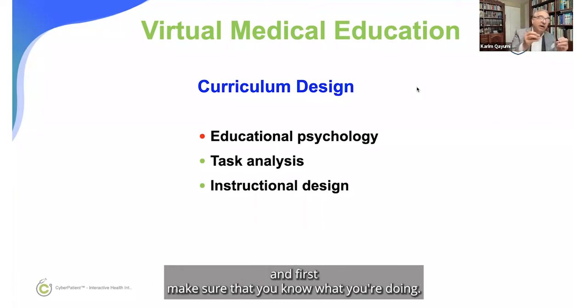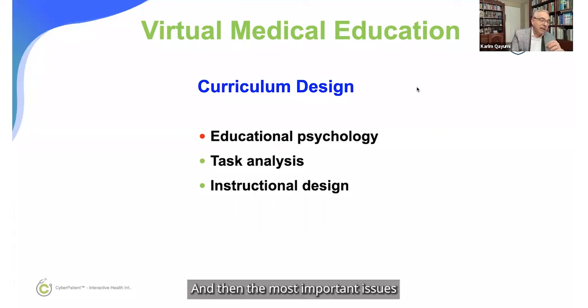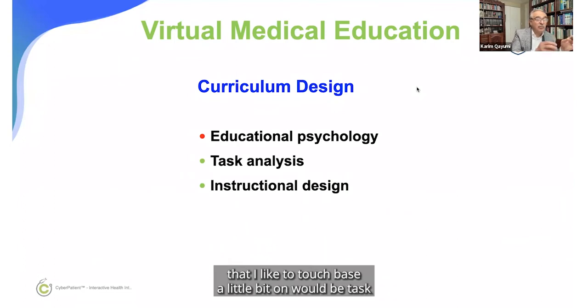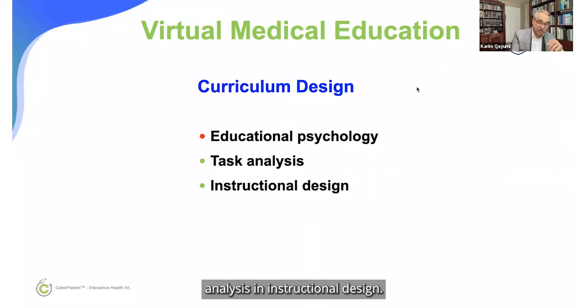You have to identify and first make sure that you know what you're doing. And then the most important issue that I like to touch base a little bit on would be task analysis in instructional design.